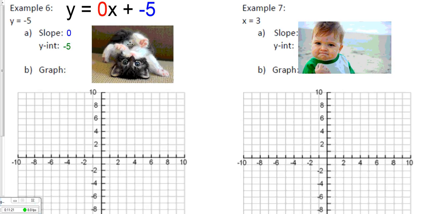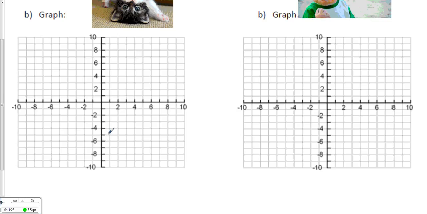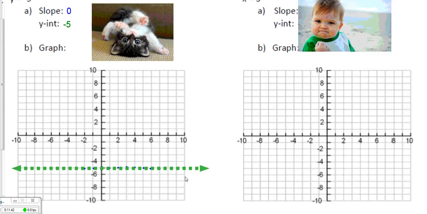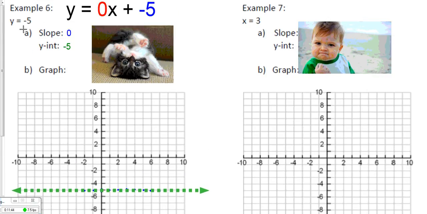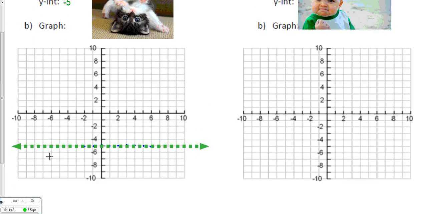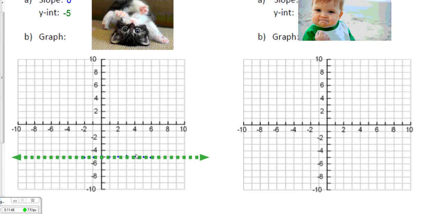Which tells us we start right here, and we don't go up any, we just go over 1, over 1, over 1. We're never going up, we're just moving over. Same thing in the other direction. As we connect those, it makes a horizontal line. y equals negative 5, a horizontal line at negative 5.